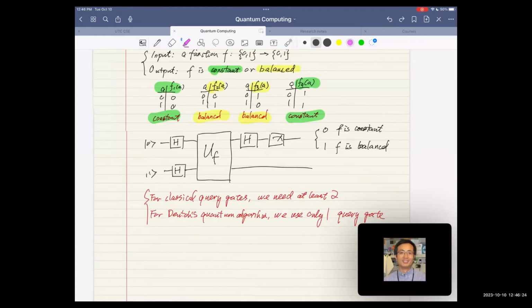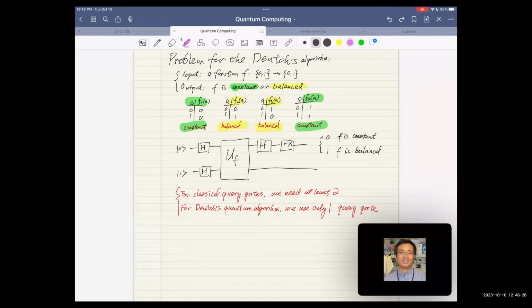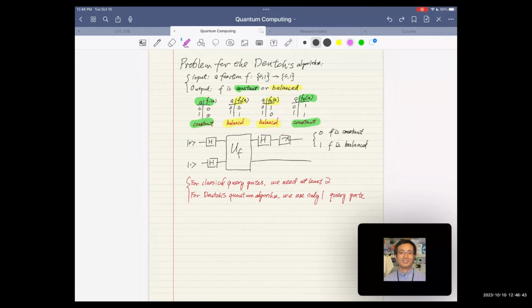Well, if people say at least 2, there must be a scenario where with 2 gates we can distinguish those 2 types. But I'm not sure how to do that just using the classical gate. But apparently the quantum gate can do it with just 1 query gate.